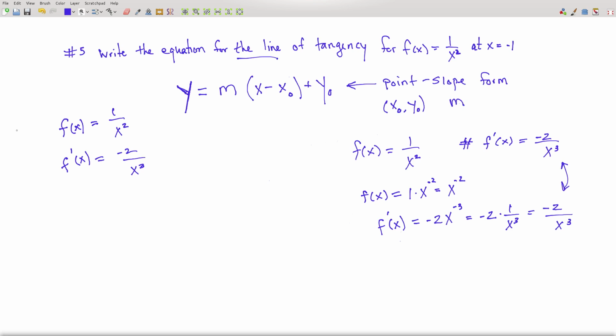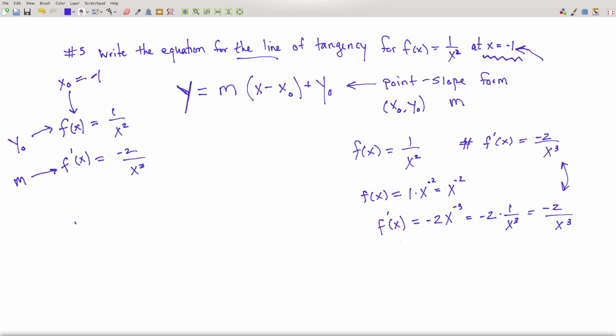We use f for finding our y coordinate, and we use the derivative for finding our slope. What value are we going to put in for the x? The value of x that they gave us. It was telling us that this is all happening at x equals -1. So in this case, x naught, or x sub 0, is -1.